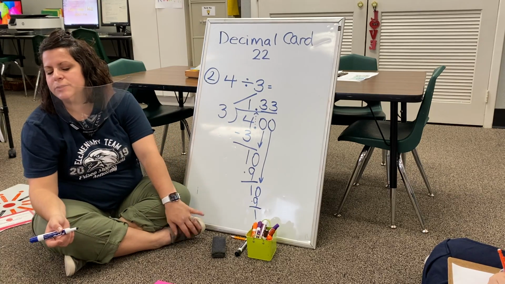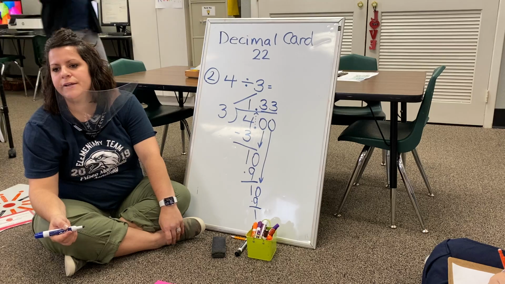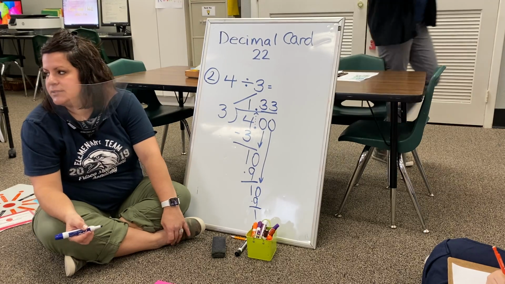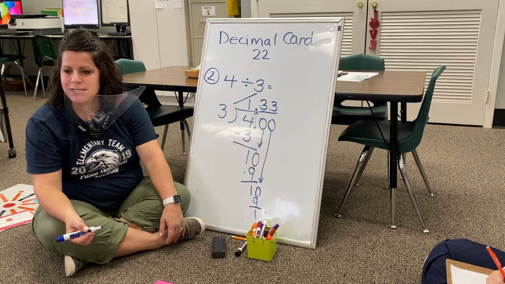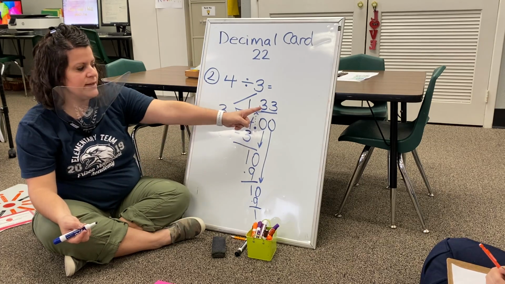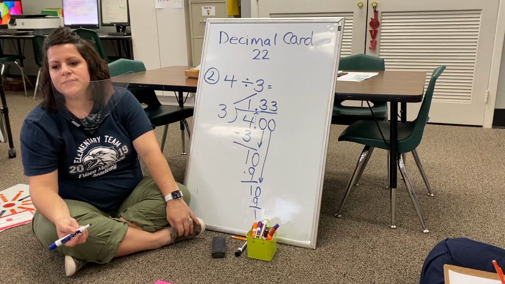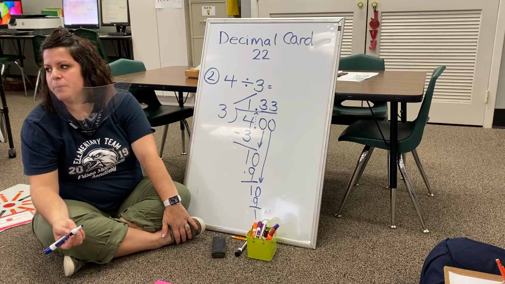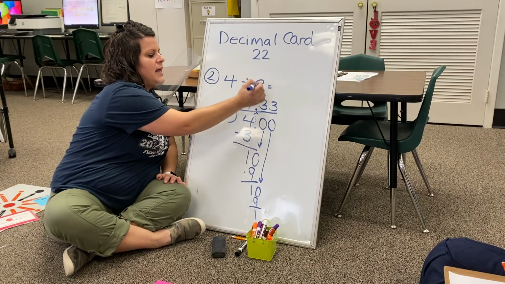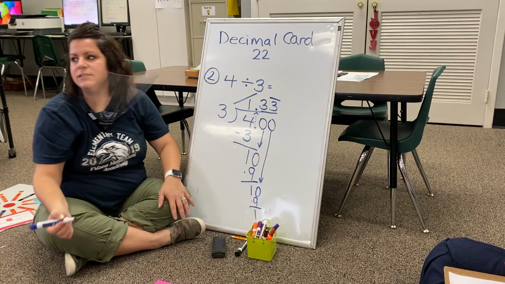What do you notice it's doing? It goes on forever. So this is a repeating decimal because no matter how many times I do this, I'm going to have a 3 here. So there is a symbol that shows that a number is repeating, and it looks like this. It's just a simple bar.